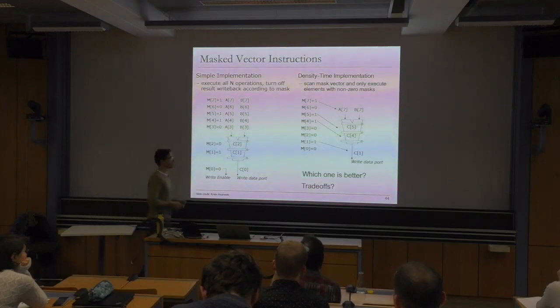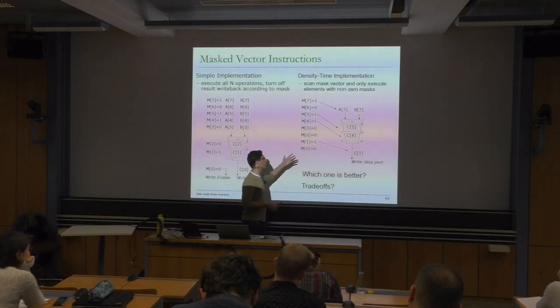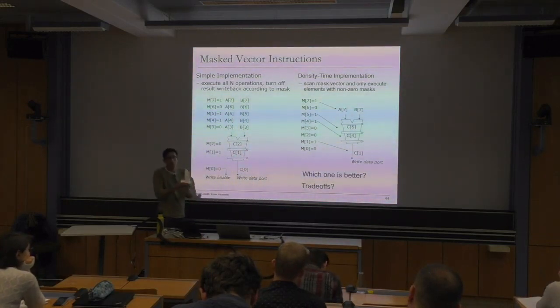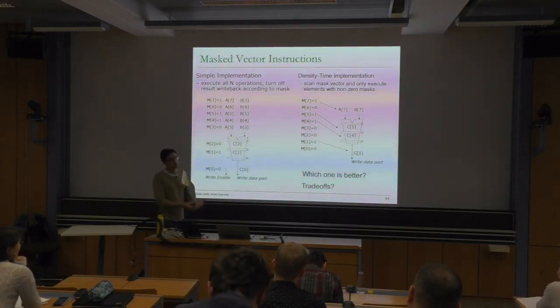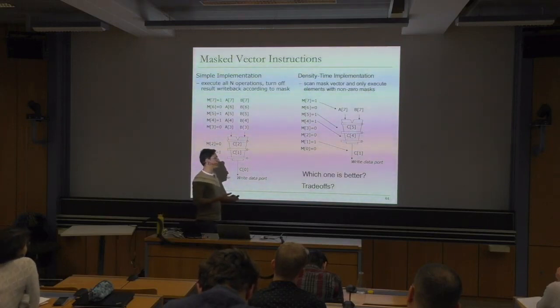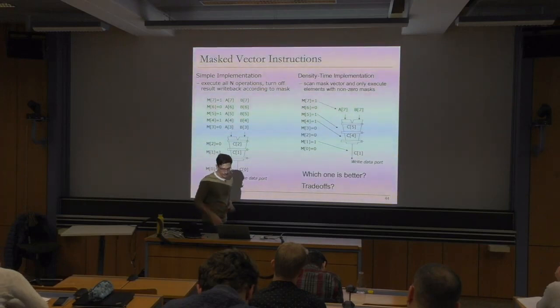In principle, this is more efficient, right? The problem is that we need to scan the mask before we start, so we are already adding some overhead. This makes the hardware more complicated, more expensive, but the good thing is that it will be more efficient.